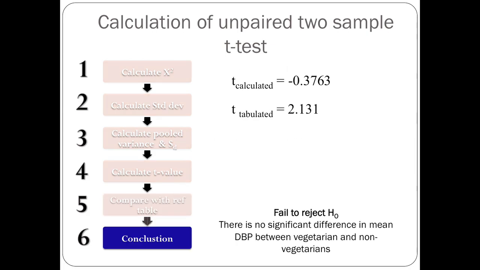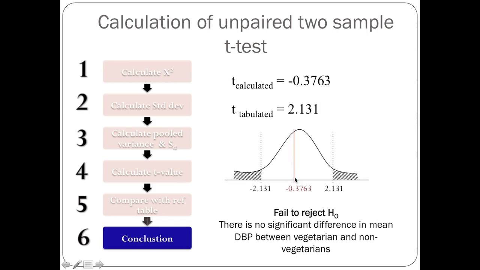So what is the conclusion? This is how it looks when you draw your normal curve. It's two tails, remember? So two tails, 2.131 over here and minus 2.131. Anything that falls under the shaded area will be rejecting the null hypothesis.